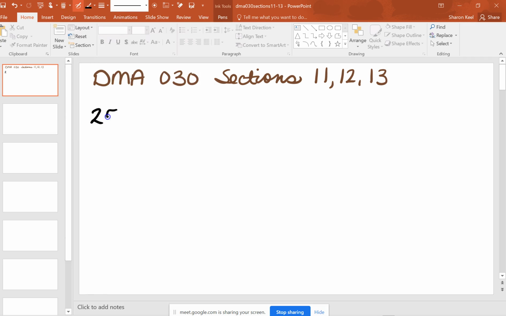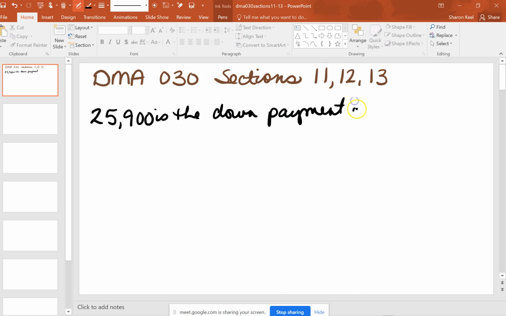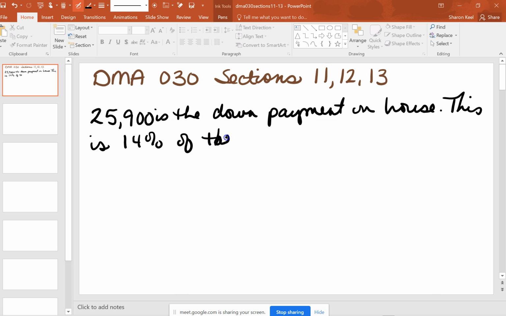So they tell us $25,900 is the down payment on a house, and they tell us this is 14% of the price. How much is the house?